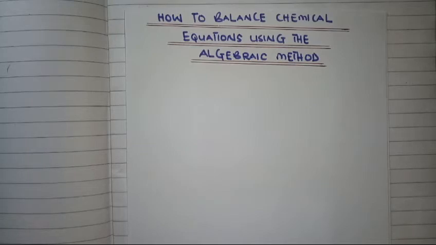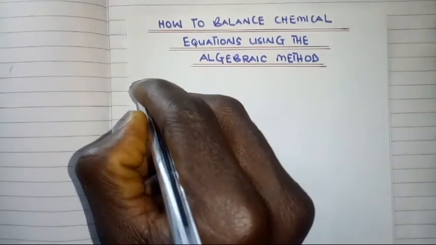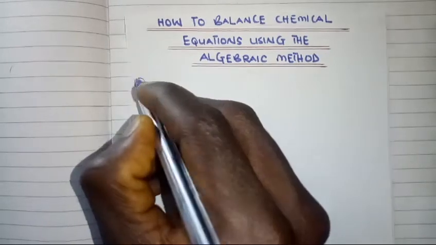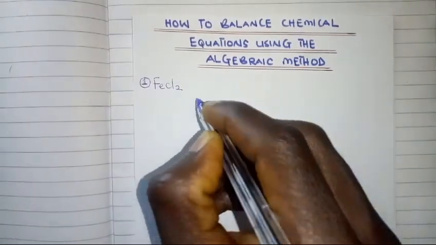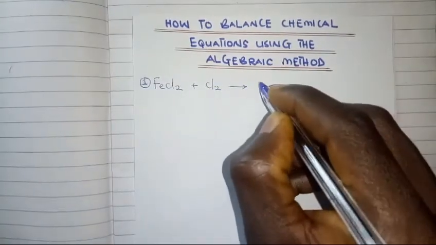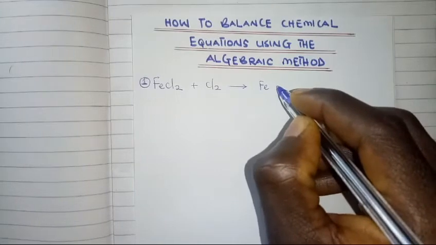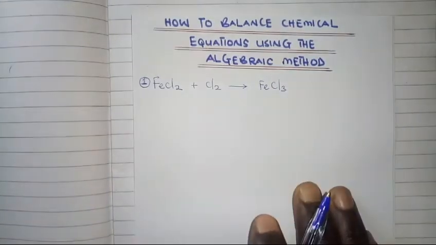So we're going to use some examples to illustrate what I'm talking about. Let's say, for instance, we have iron 2 chloride plus the chlorine molecule, and then we have iron 3 chloride being formed.